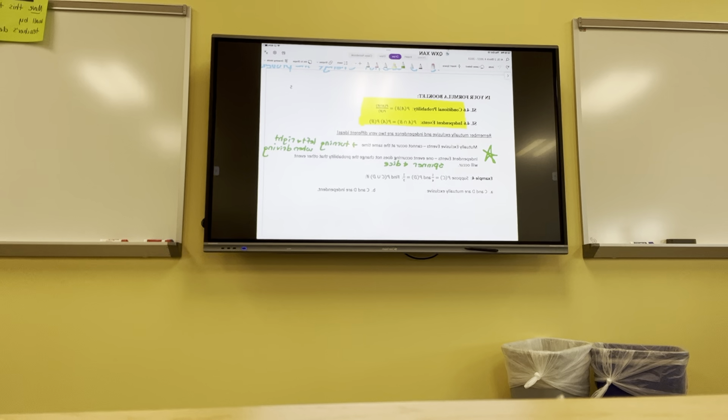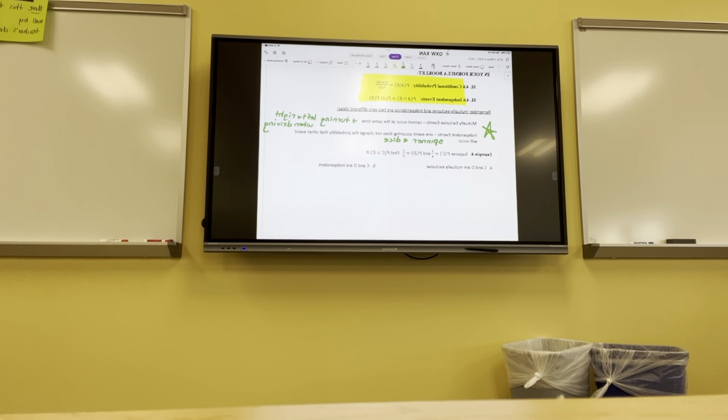All right, so suppose the probability of C is 1/4 and the probability of D is 1/3. Find the probability of C union D if C and D are mutually exclusive. Back to that original formula that we used in the last examples.